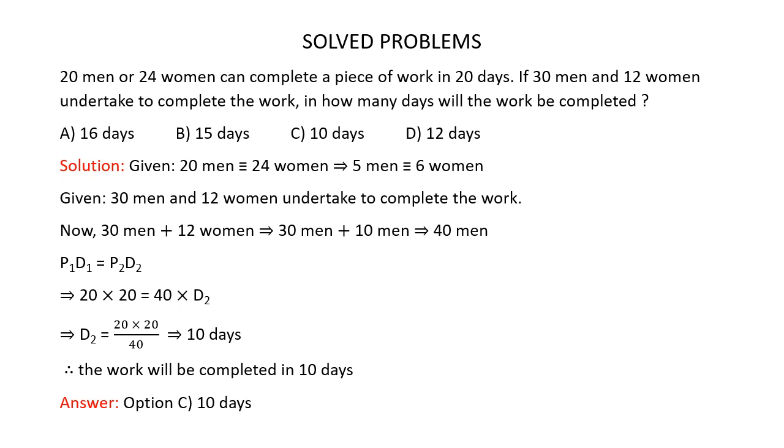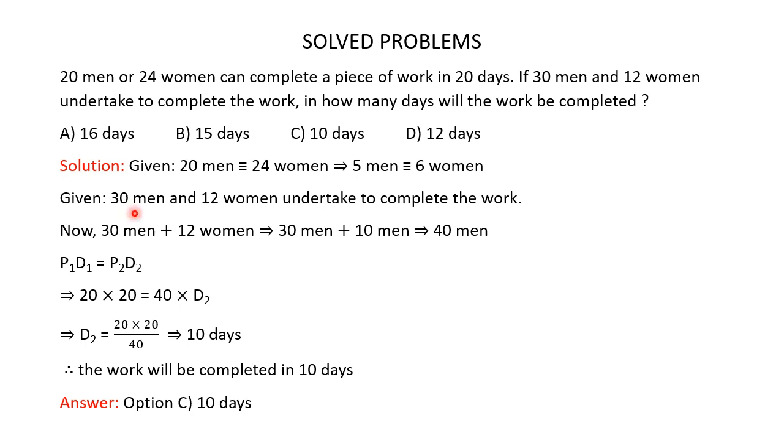Now it's given that 20 men or 24 women can complete a piece of work in 20 days. So this means that 20 men are equivalent to 24 women. If we divide both these numbers by 4, we get 5 men are equivalent to 6 women.